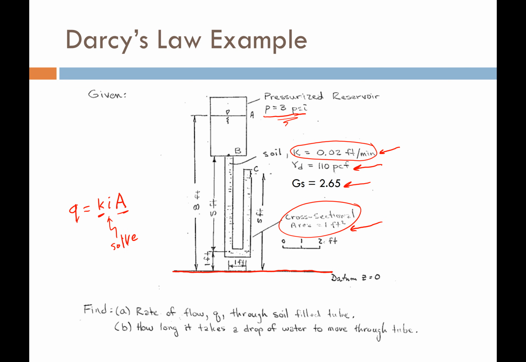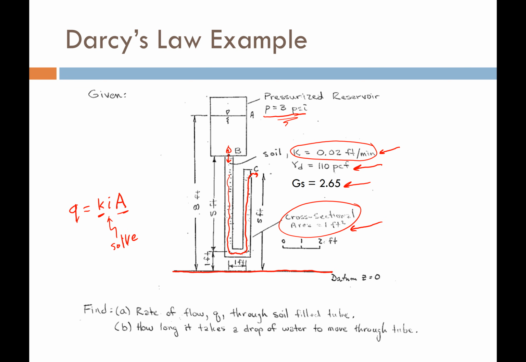Now part B, we need to know how long it takes for a drop of water to move through the tube. So a drop of water entering right here into the soil at point B, how long is it going to take for that drop of water to make its way around and get to point C and get out of the tube?